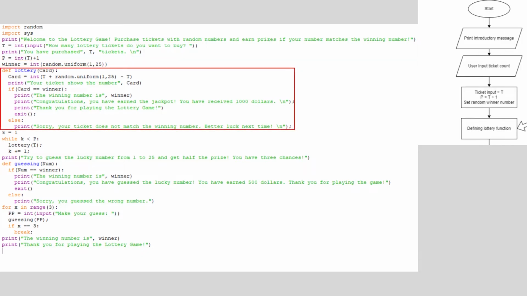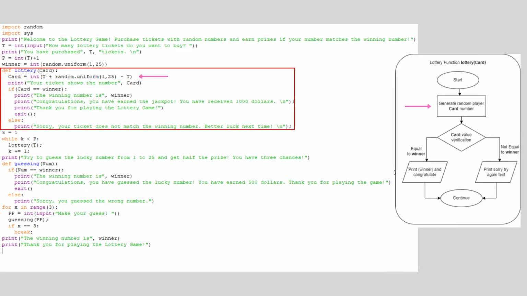The following lines beginning with def, or define, lottery in brackets card, is the defining of a function, or a series of code that we can simplify into one shorter command. This will be called the lottery game function, simplified as lottery. In this function, we start by defining the card variable to be basically another random integer between 1 and 25.